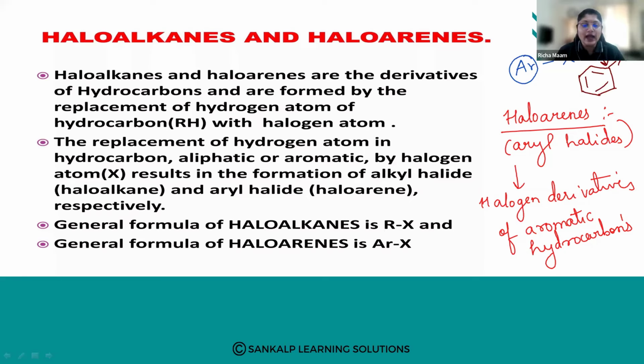So haloarenes are called aryl halides. These are the halogen derivatives of aromatic hydrocarbons in which one or more hydrogen atoms are replaced by halogen atoms, and in such compounds the halogen atom is attached to an sp2 hybridized carbon atom. Is it clear?